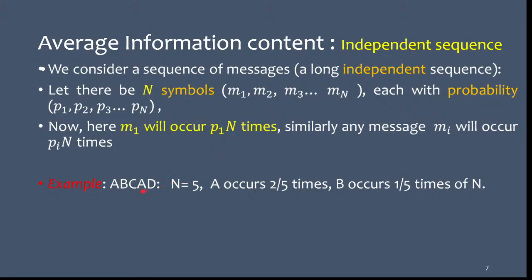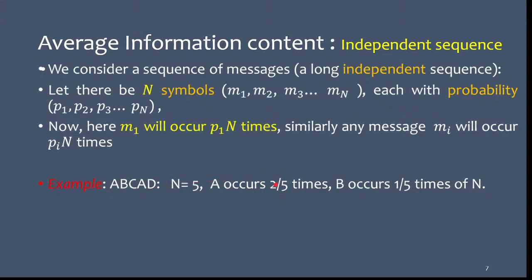For instance, consider a word here: A, B, C, A, D. What's the amount of information carried by the alphabet A? Carefully notice that A occurs twice in this word. So its weightage is 2 out of 5, because there are 5 alphabets. Out of these 5 alphabets, A appears twice, so 2 by n.